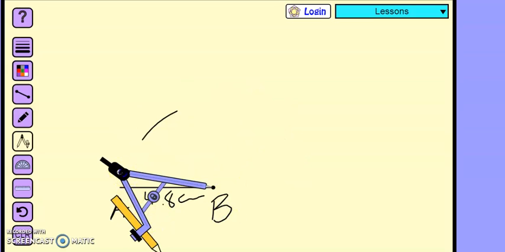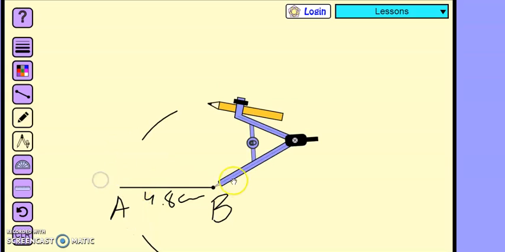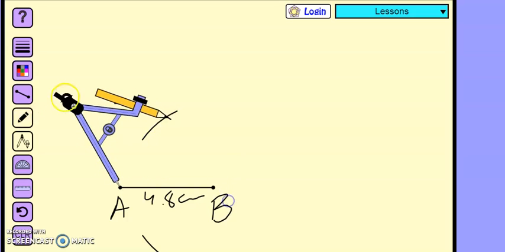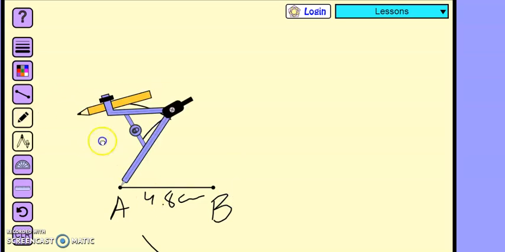Similarly, place your compass at point A, cutting these two arcs.